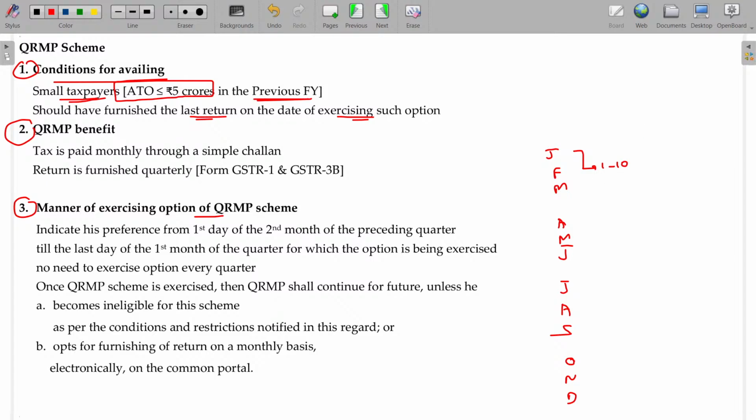This is the normal scheme. In case of the QRMP scheme, January, February, March, all 3 put together, when does he have to file? April 22nd or 24th.